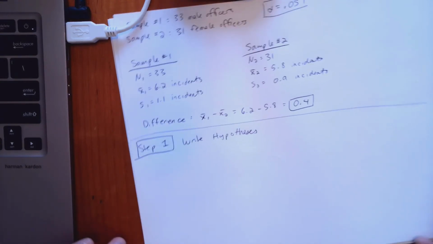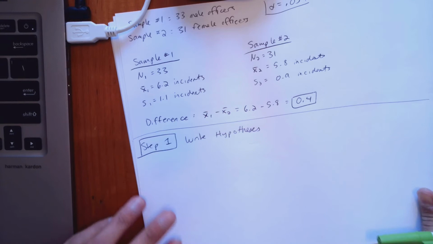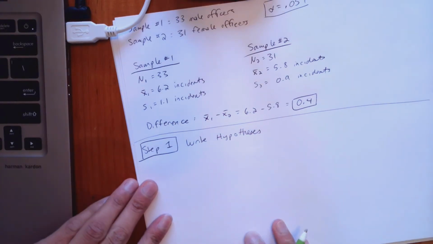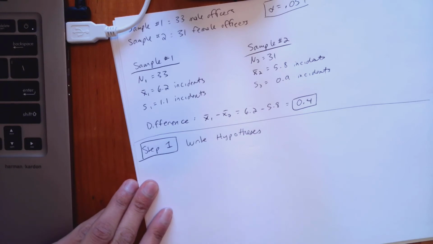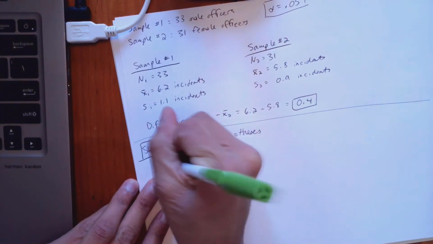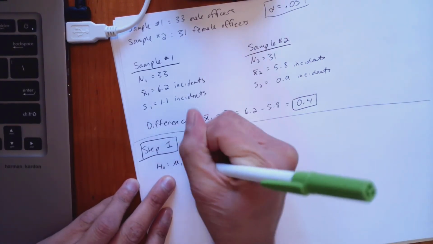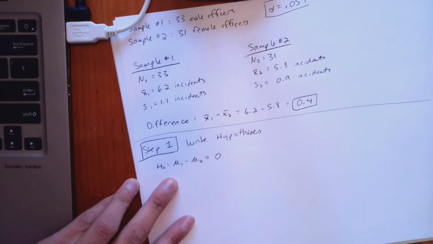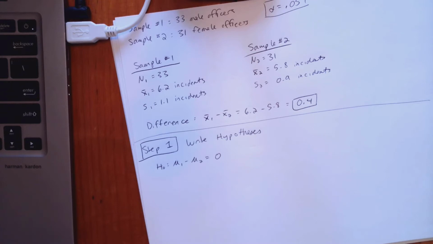So the hypotheses for a two-mean t-test are always going to be written in the same way. And this should look like what I put on the slide before. Your null hypothesis is always going to be that there is no difference between your population means.